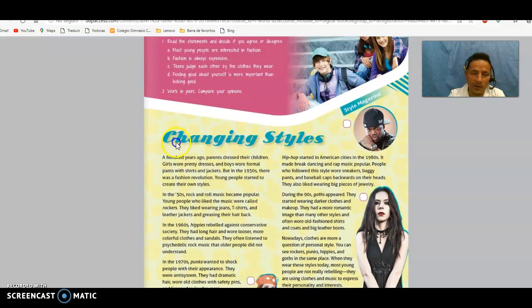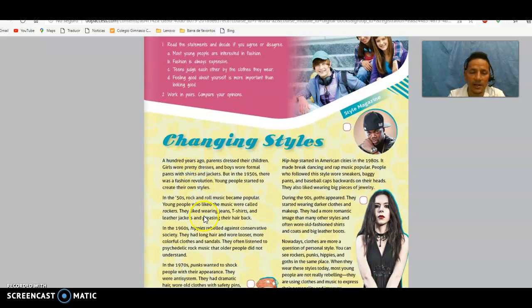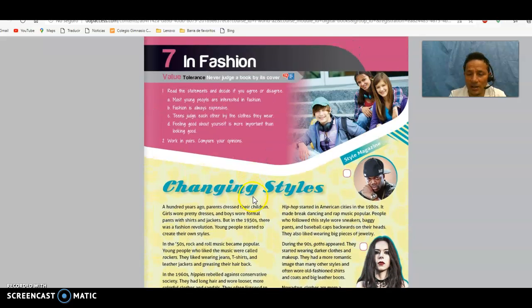Okay, activity number 2. I think it is very important too. What you need to do is underline the verbs with a red color. Verbs are very important. If you want to comprehend while you're reading, it's mandatory to have verbs. Verbs are, in my opinion, one of the main topics to understand.